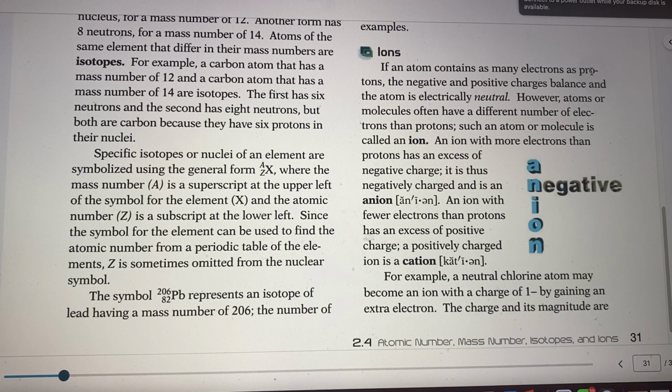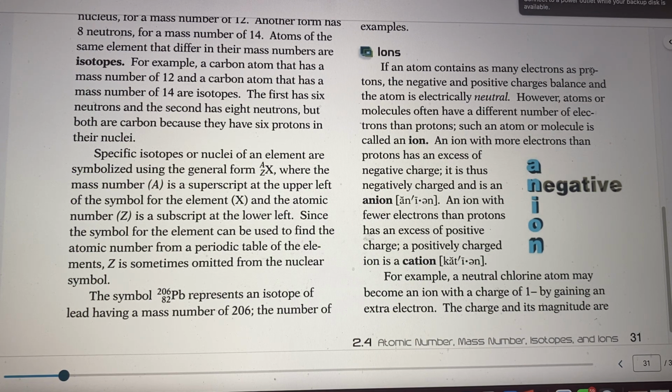Just remember, ions are charged elements, or charged particles. Most molecules and most elements are neutral. They're not charged because the electrons balance out the protons. Protons are usually positive, and electrons are negative.